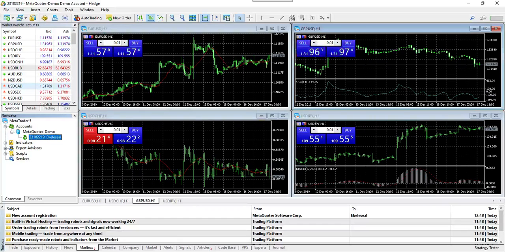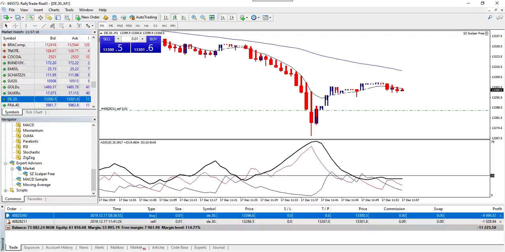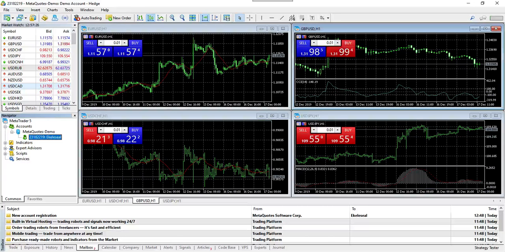Now, this is what MetaTrader 4 looks like. This is actually live trading going on, but I'm not going to use this one because it's already an account that is running. But let's use this one for our lesson. As you can see, this is a demo account.